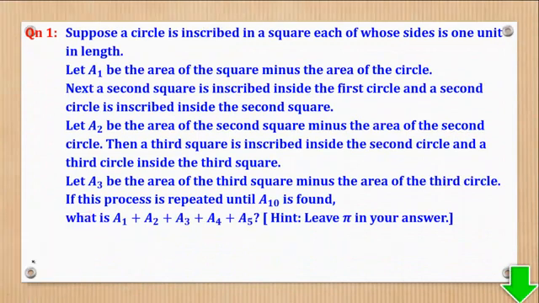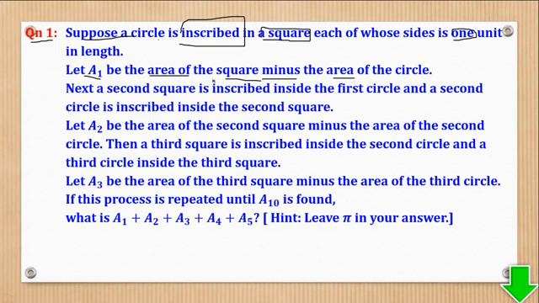So question 1 is a little wordy and tricky. It says, suppose a circle is inscribed in a square, each of whose sides is 1 unit in length. Let A1 be the area of the square minus the area of the circle.